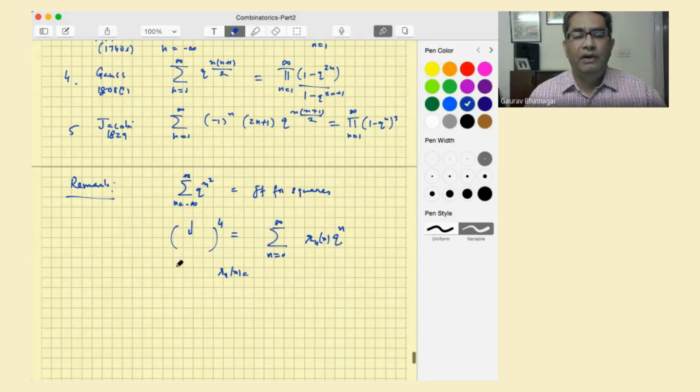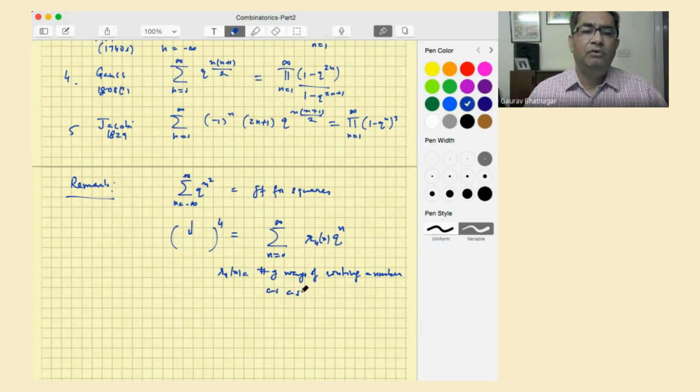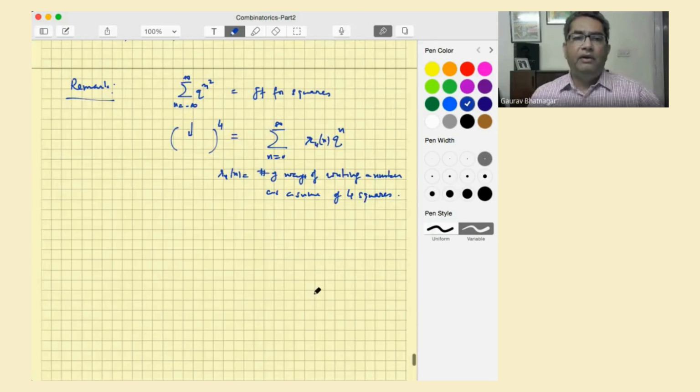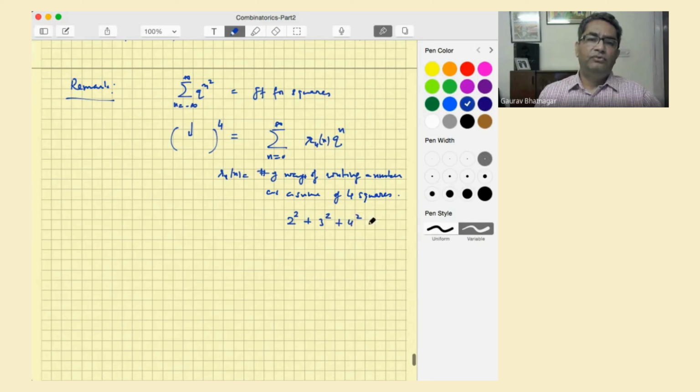What you're doing is you're multiplying 4 things together. All of them are squares. So this will be the number of ways of writing a number as a sum of 4 squares, right? And you allow for minus n squared also. So you have, say, 2 squared plus 3 squared plus 4 squared plus 1 squared equal to something.